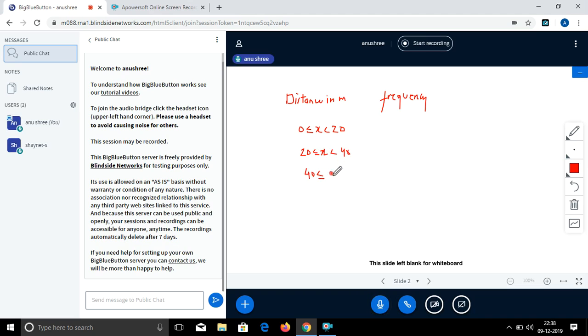Now you tell me, what do you mean by mode? How do you calculate mode?